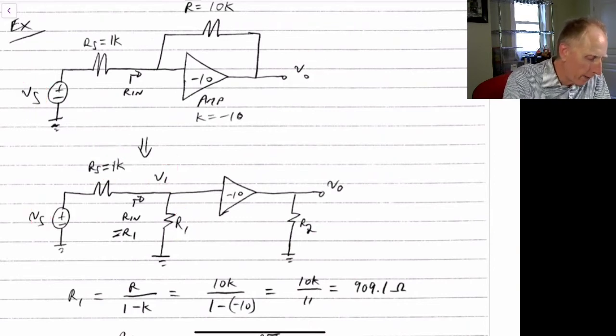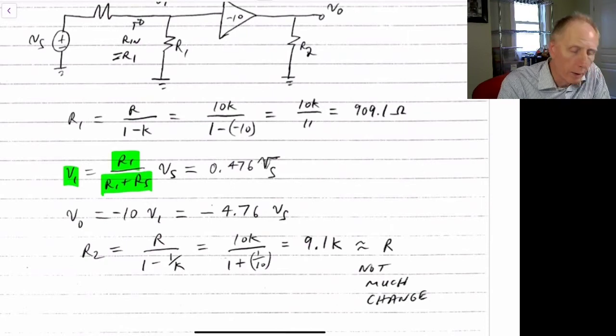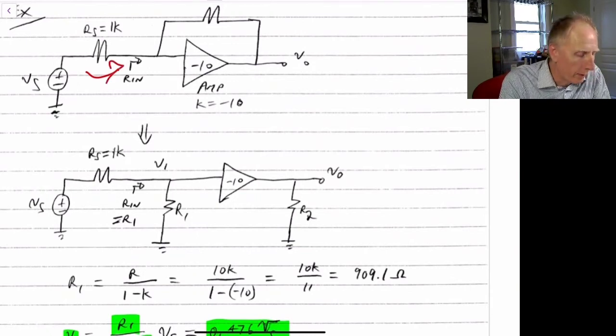So V1 is just R1 divided by R1 plus Rs times Vs, which is 0.476 times Vs. There's actually a loss across this resistor because the input impedance is only 900 ohms and we're driving it with a 1 kilohm resistor.